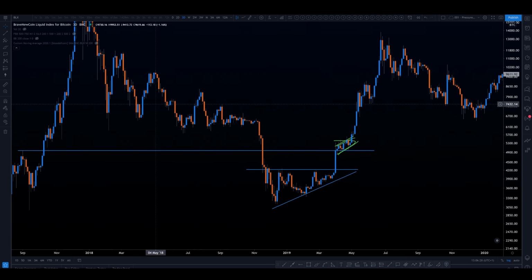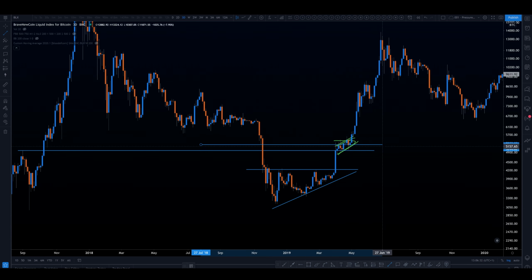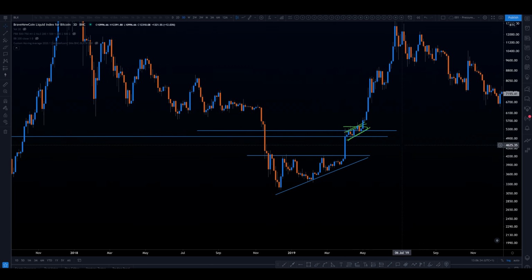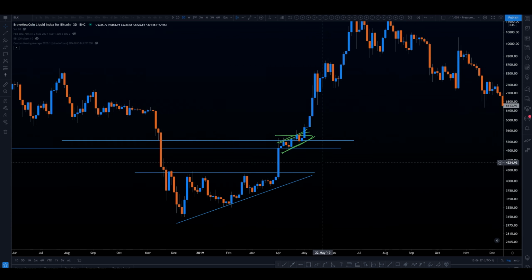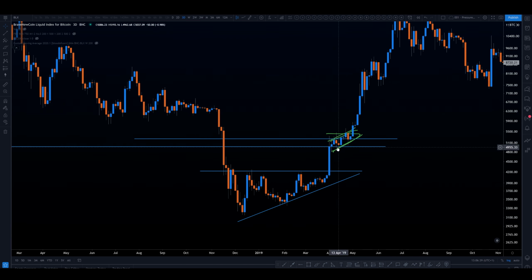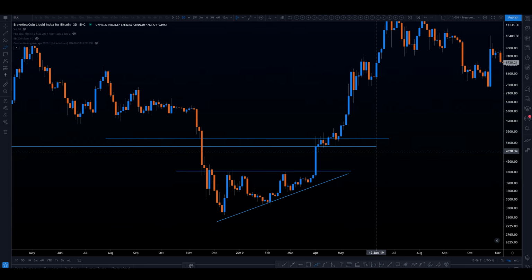This is a huge level, and we also have this level. So there are certainly some resistance entities we can consider to be very strong, like this one, like these. And we could have expected a rejection.